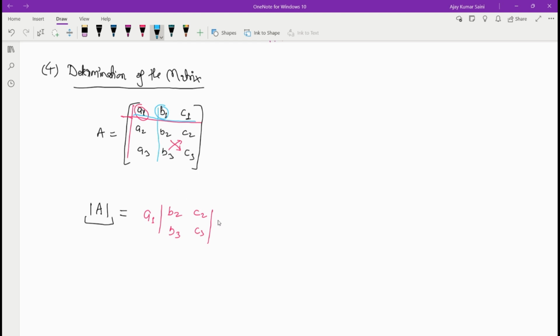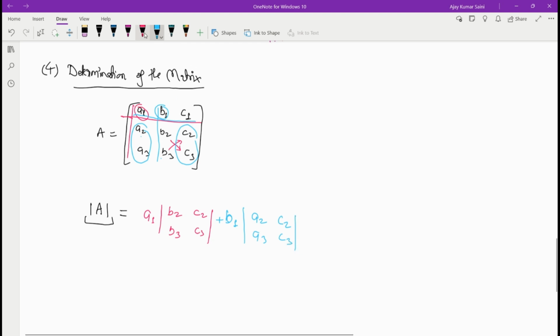So plus b1. Now these elements remain, because we take from this column and this row, so we take this common. So b1 with a2, a3, c2, c3.